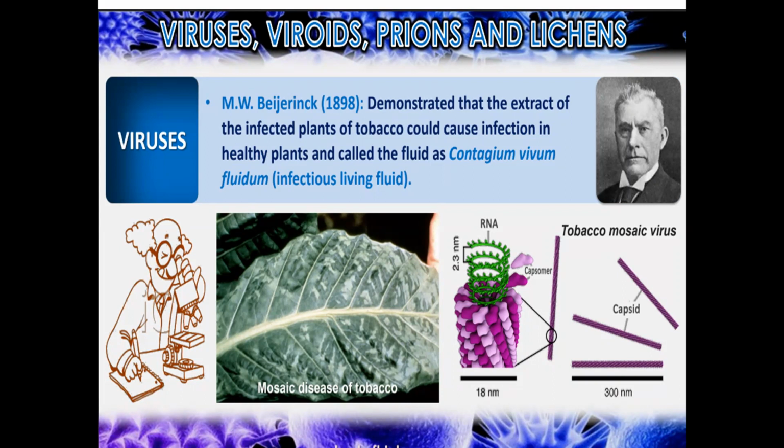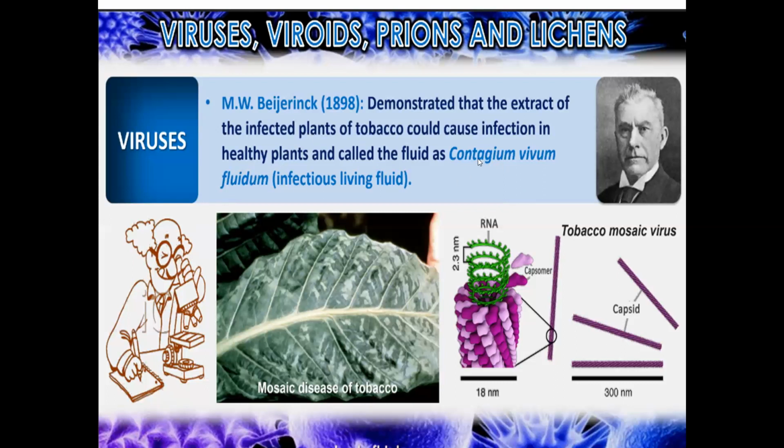He removed the extract from the infected plant, made a paste, and then injected the same extract into a healthy tobacco plant. What will you find in the healthy tobacco plant? It was fully green, but then the healthy tobacco plant also got infected, and he named that fluid contagium vivum fluidum.